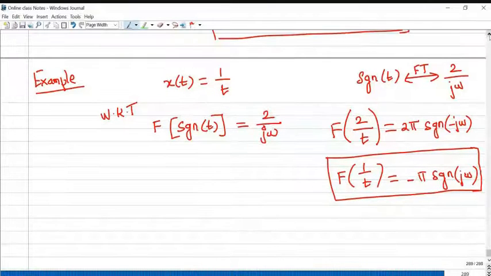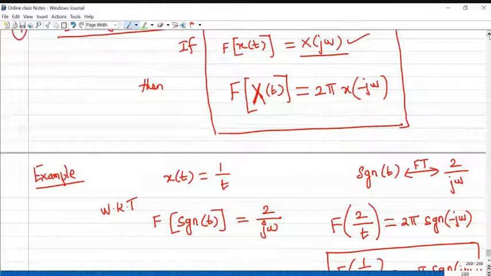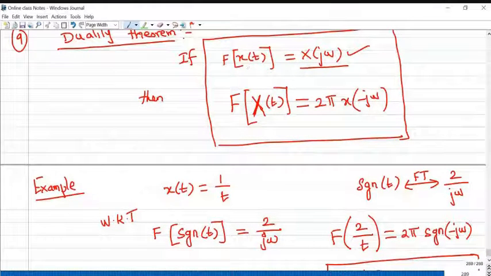We can solve them using the duality theorem. I'll repeat once again. X of t has Fourier transform capital X of j omega. Then the duality principle says that if we find the Fourier transform of capital X of t, that means j omega replaced by t, it should be equal to 2 pi times your result, but with t replaced by minus j omega.